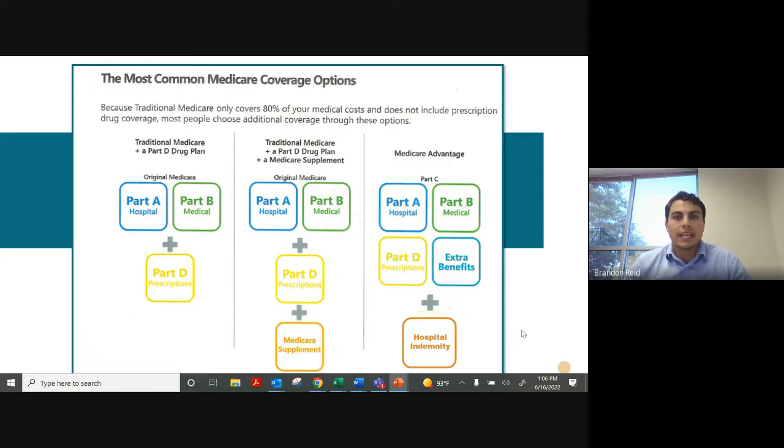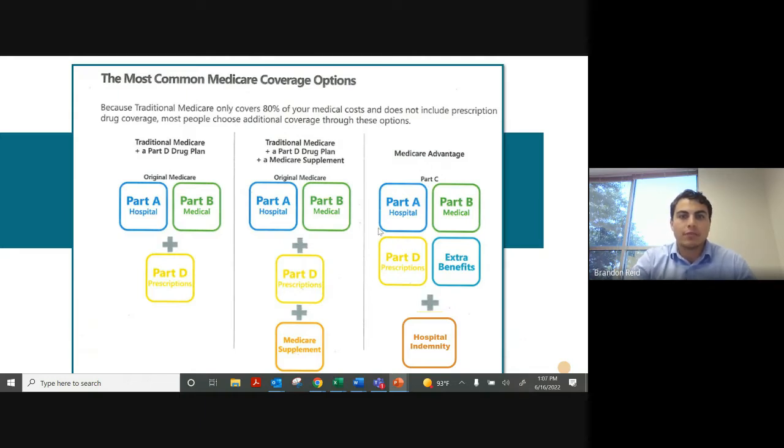So educating them in the Medicare space on traditional Medicare, how that works, going through all the gaps in Part A and B, and giving them the option, of course, for a Medicare supplement with a standalone drug plan or a Medicare Advantage policy. We're seeing this middle option here, the Medicare supplement with a standalone drug plan, becoming unaffordable for a lot of people.